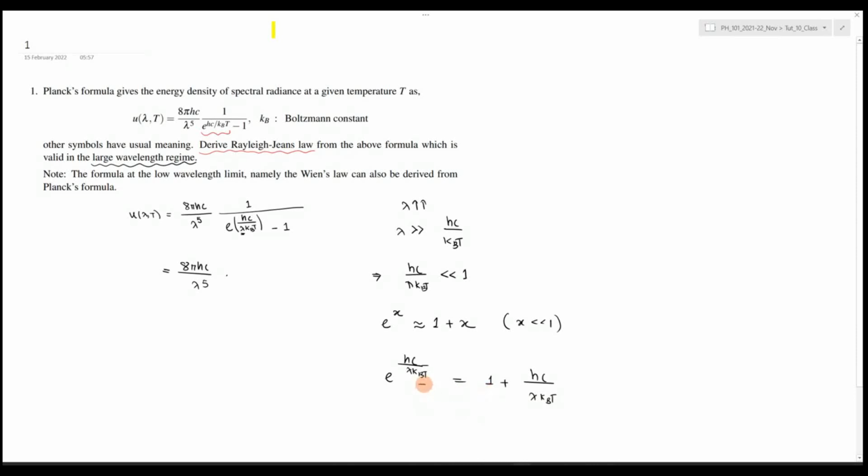Now minus 1, so only this part remains. So this will be lambda kbt by h. This is the Rayleigh-Jeans law. Energy density is actually 8 pi kbt by lambda to the power 4. Energy density varies with lambda as lambda to the power minus 4.